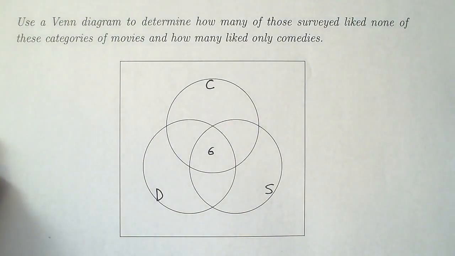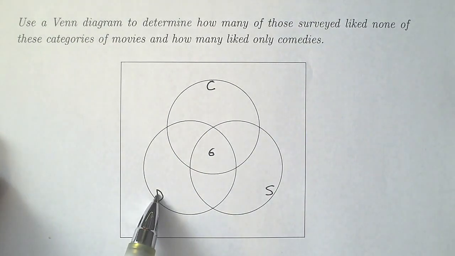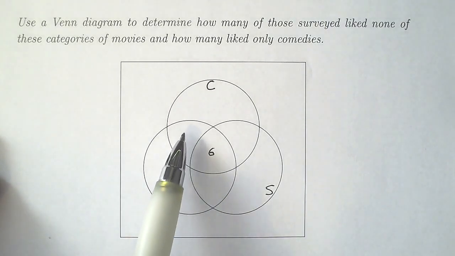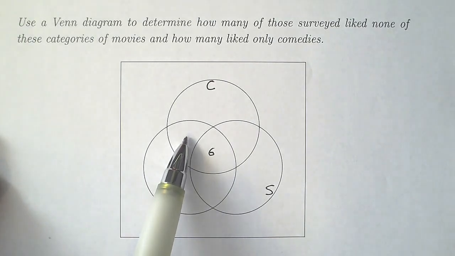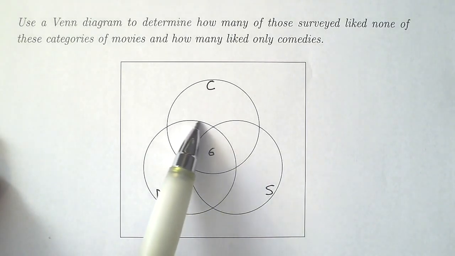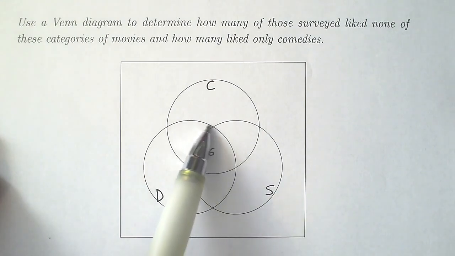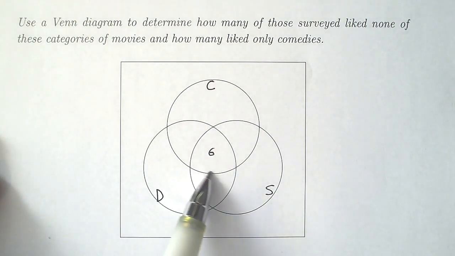Number 2 up above said 13 people liked comedies and dramas. So I'm thinking, well, here's my comedies, here's my dramas. If somebody likes comedies and dramas, they live in here, right? But we already have 6 of them. It's this kind of football-shaped region that I'm kind of tracing. Those are the people who like comedies and dramas.